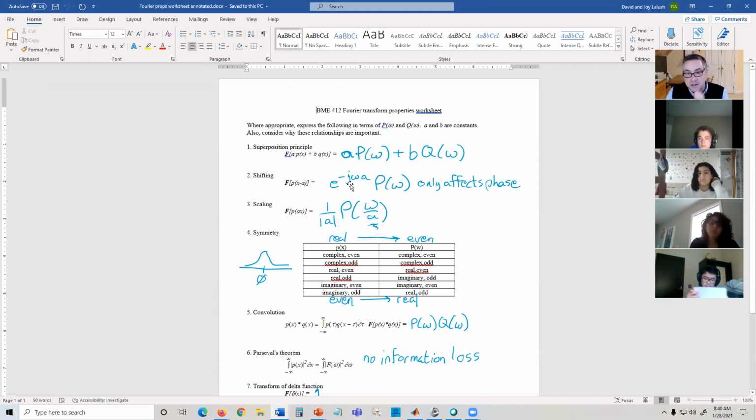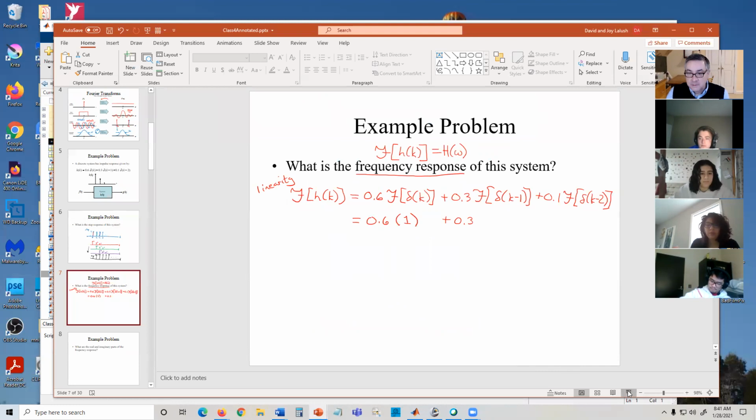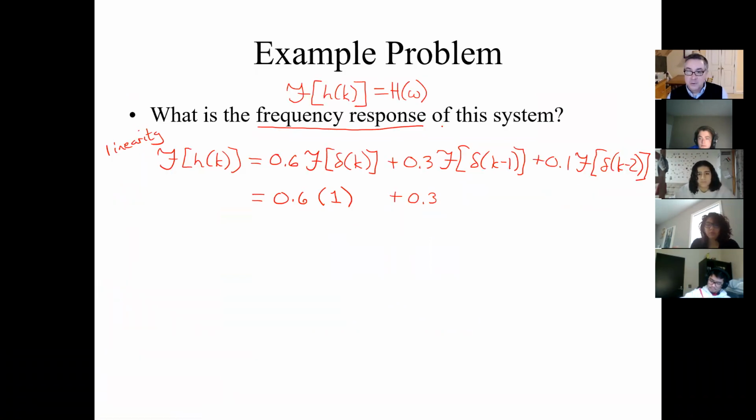If we shift something in time, basically we get an e to the minus j omega times however far we shifted it in time, times its regular unshifted Fourier transform, right? So we are just going to apply this shifting property to those shifted delta functions. Okay, and so this one is going to end up being e to the minus j omega. And then by the same argument, the one shifted by 2 becomes e to the minus j 2 omega.